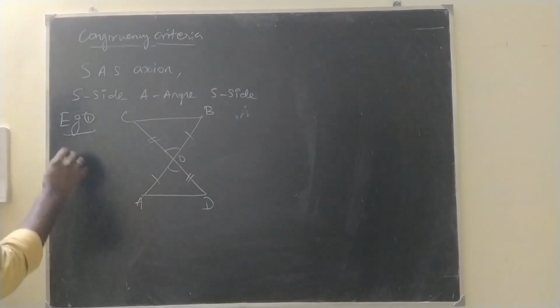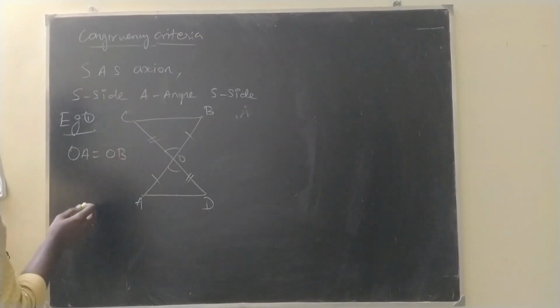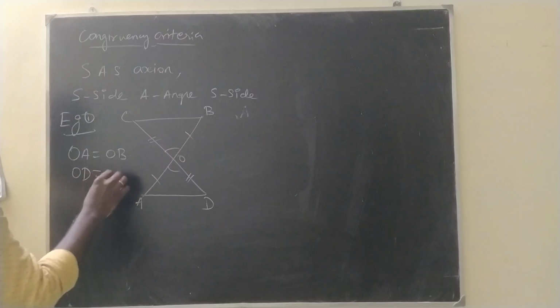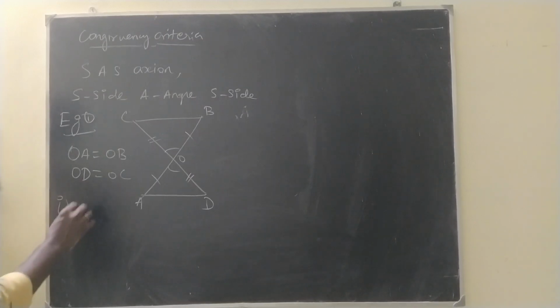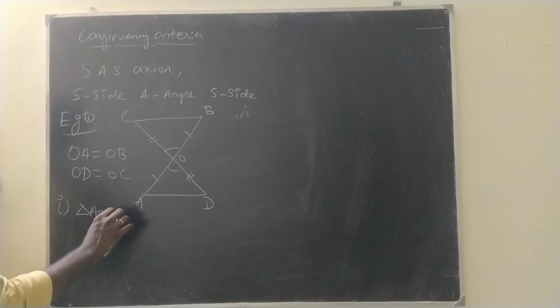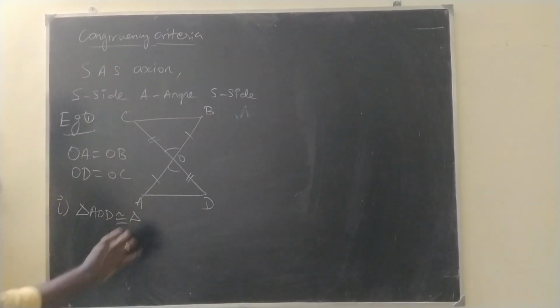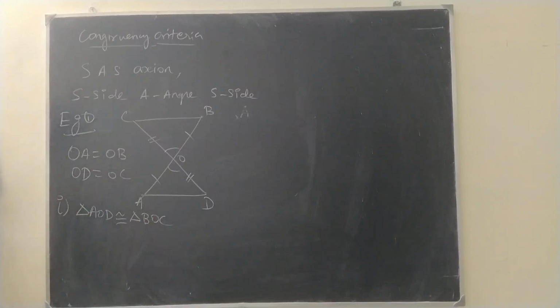It is given that OA is equals OB and OD is equals OC. We need to prove that triangle AOD is congruent to triangle DOC.